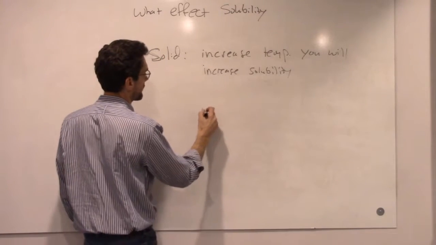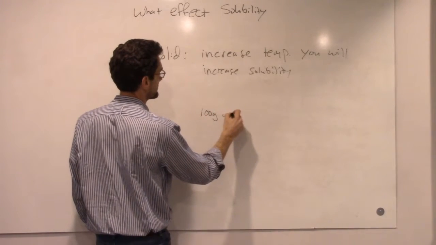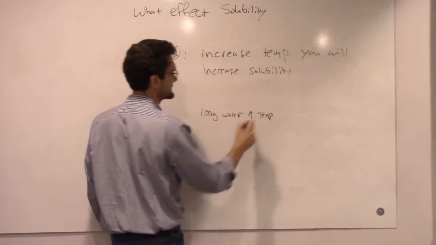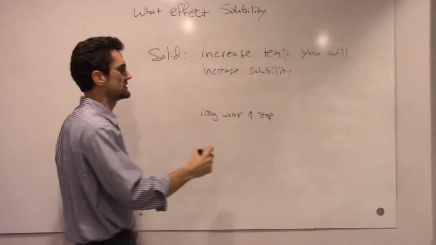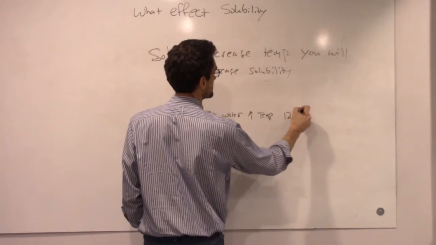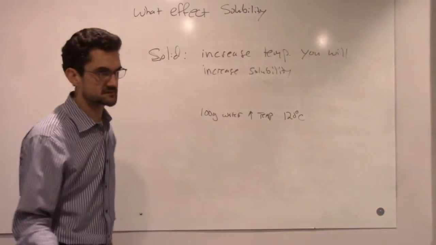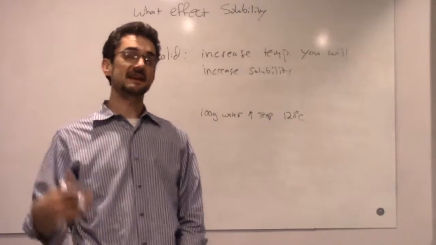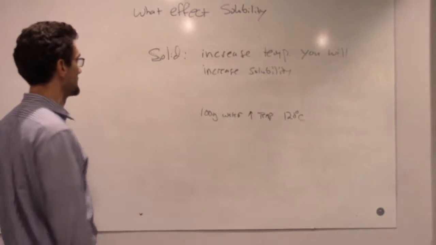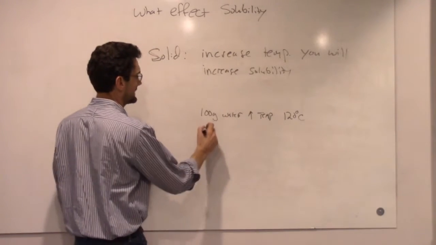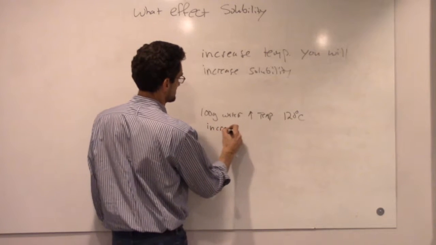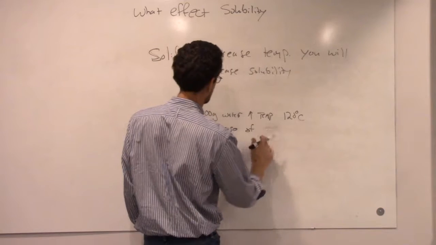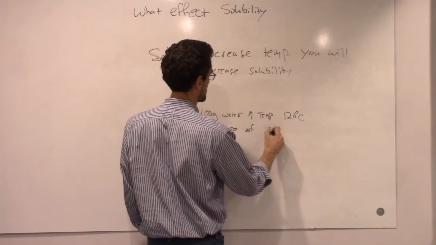So I take my 100 grams of water and I increase its temp to, say, 120 degrees rather than 100 degrees, which is standard temperature. If I increase the temperature, I can increase the solubility of sodium chloride, the solubility of the solute.